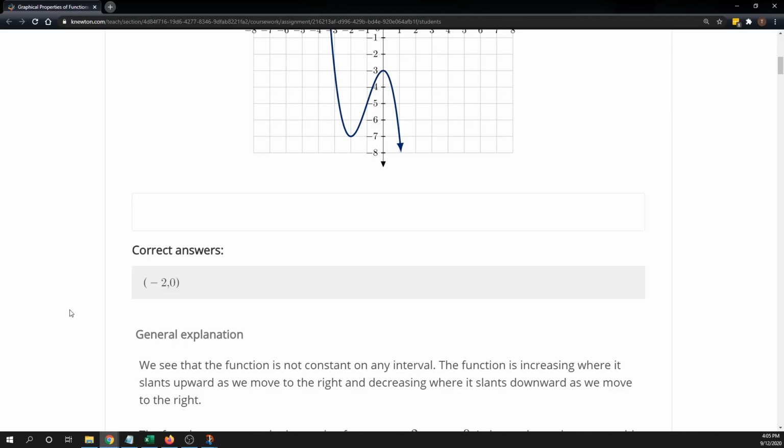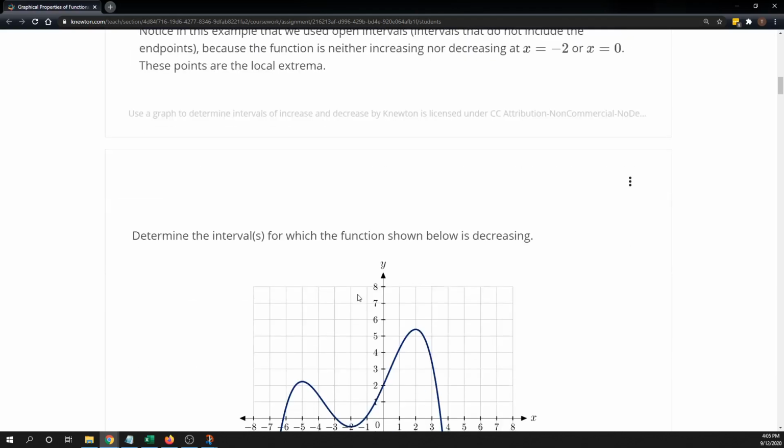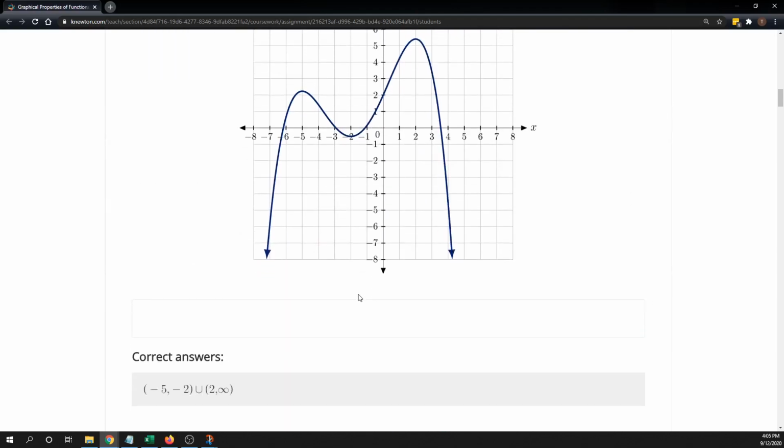I think for this book's answers, they technically should probably have the brackets on there, but it looks like they mostly just give their answers in terms of the parentheses here. So that's just what I would do. Okay, let's take a look at a few more of these.